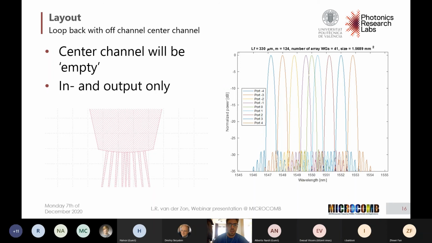So then we could align a comb to all the other in and output ports of the AWG, and use the central port just for in and output of light and not for a comb line. This idea is favorable in terms of controllability, but it consumes a lot of space because you need a bigger AWG to support the extra channel.